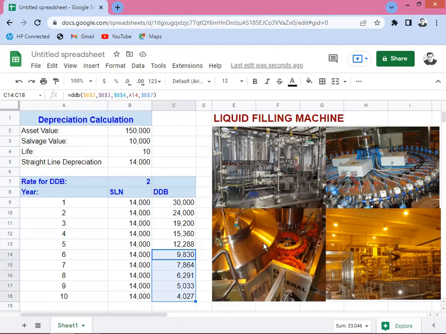So this is a good way of planning the depreciation cost, because you know already that on the second half of the useful life, which is the next five years, the machine is already having condition issues, having a repair and maintenance issue, having high repair and maintenance cost.